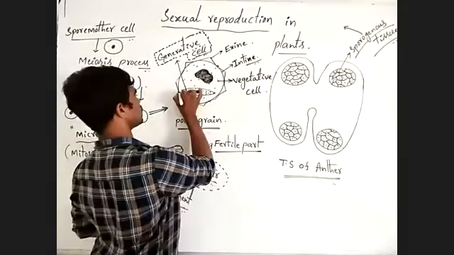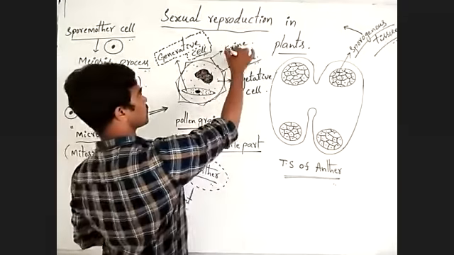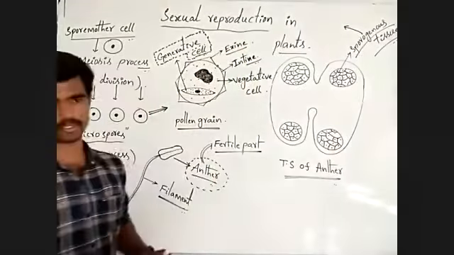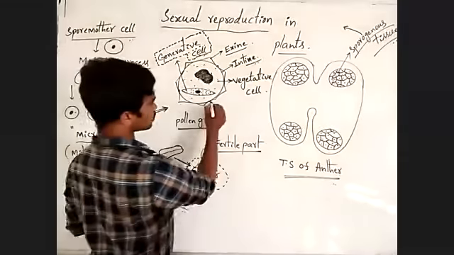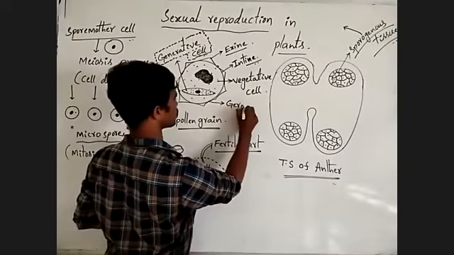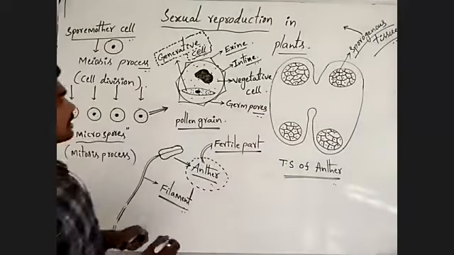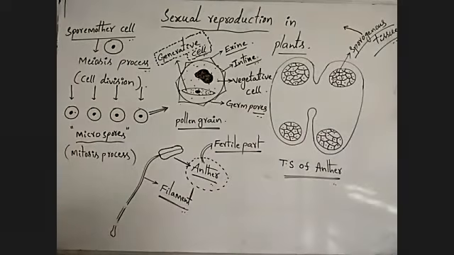That means regions where the outer membrane is absent. Those regions are called germ pores. Observe carefully.